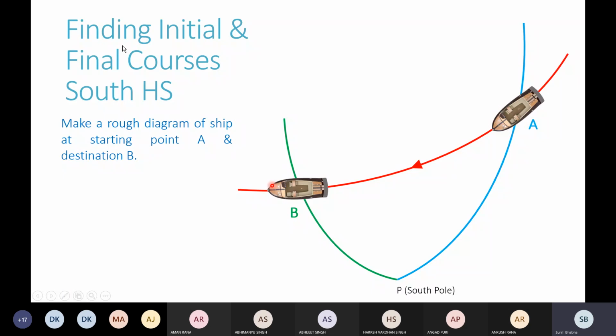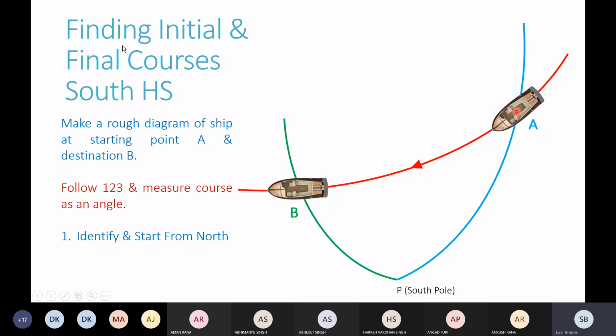Now we will first calculate angle A and angle B, that is these angles of the triangle PAB, using the cosine formula. And once these angles are known, we can use these angles to find out our initial and final courses. So let's now apply our 1, 2, 3 method and see how we can identify the course at each location. So first of all, we have to identify and start from north.